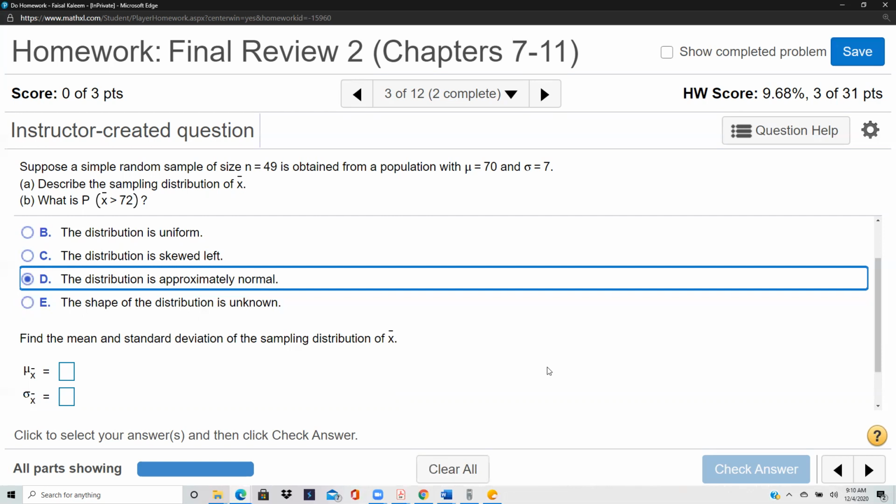And then how will we do this calculation, the mean and standard deviation? Do you remember what the mean and standard deviation for the sampling distributions are? Is there some formula for that on the formula sheet? The mu x bar and the sigma x bar? Let me see.